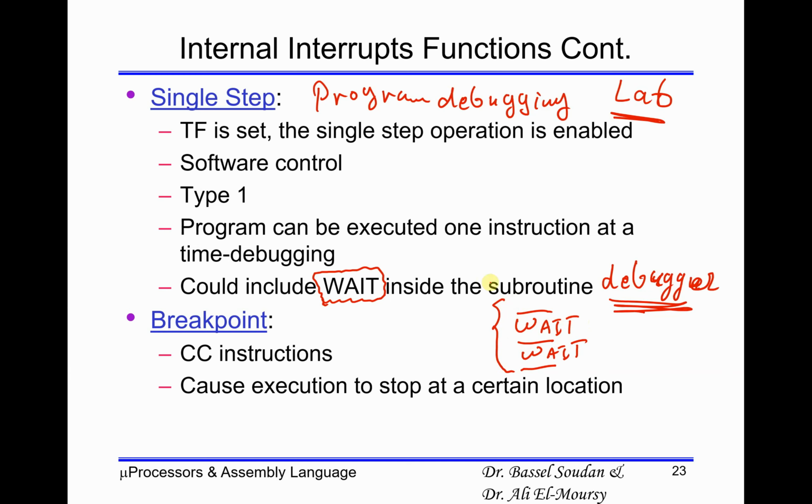The interrupt here will happen after the execution of each of your instructions. Why interrupted? To give you the opportunity to check the registers and the memory to see what's going on inside the machine. This gives you an opportunity to investigate your code and see whether it is executed correctly or not.